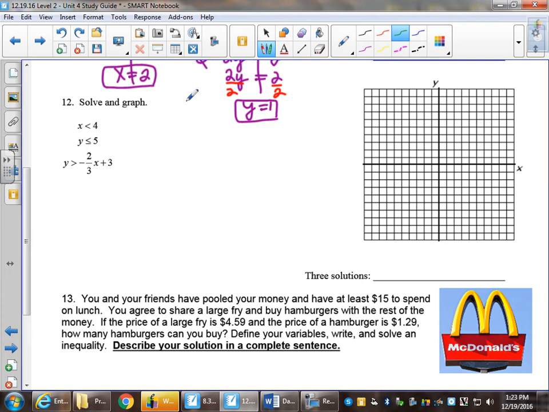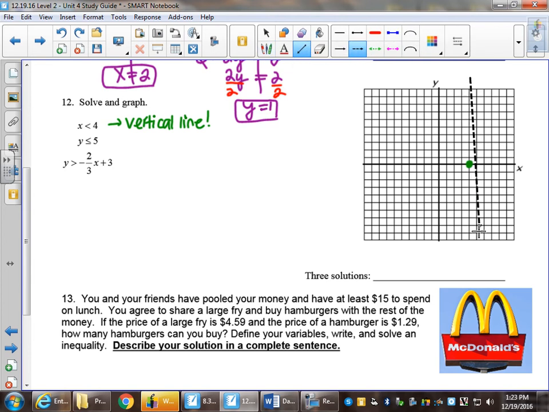So X and a number. Whenever you see X and a number, that's going to be a vertical line, always. So I go to 4, 1, 2, 3, 4. I plot 4 on the x-axis, and based on the inequality sign, I know that this is going to be a dashed line.